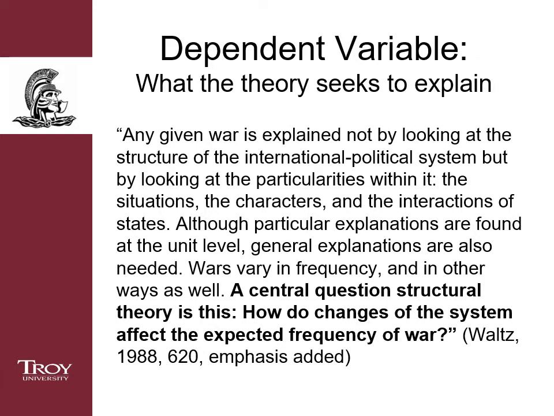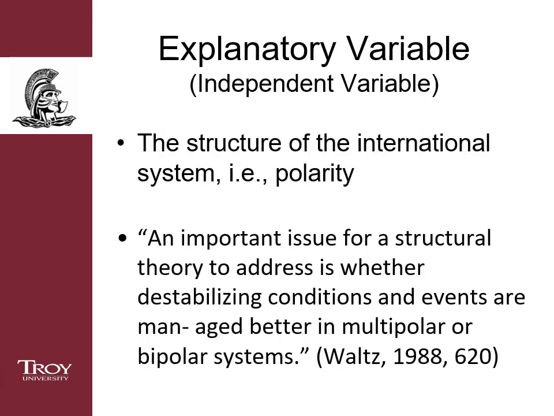So this is always important with theories, to understand what the dependent variable is. What is the thing they're trying to explain? Then, what's the explanatory variable? Well, he goes into a discussion of the merits of bipolarity versus multipolarity. And so that's the key thing.